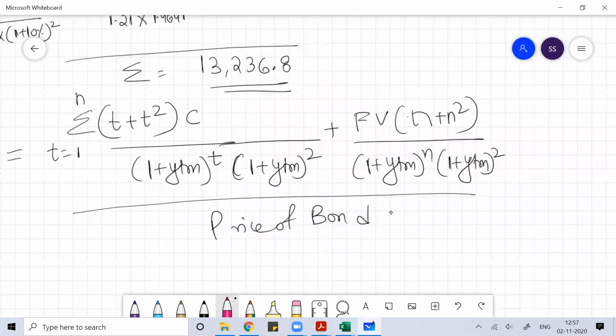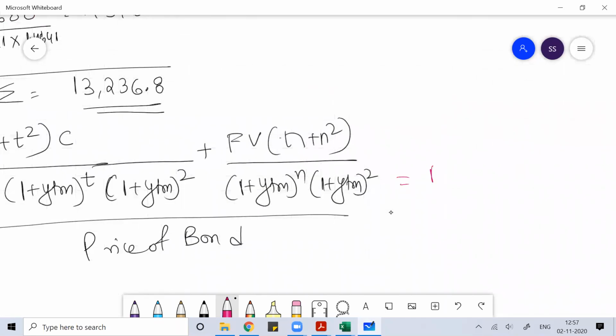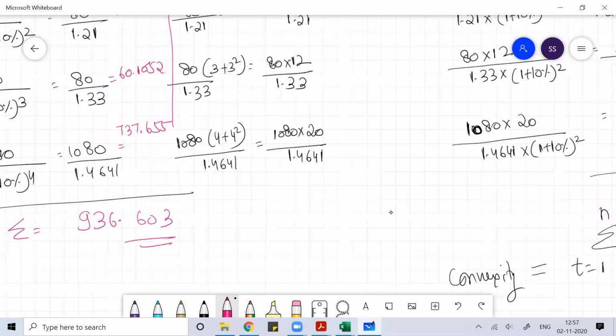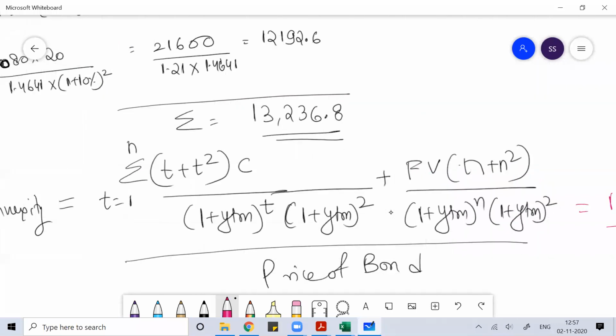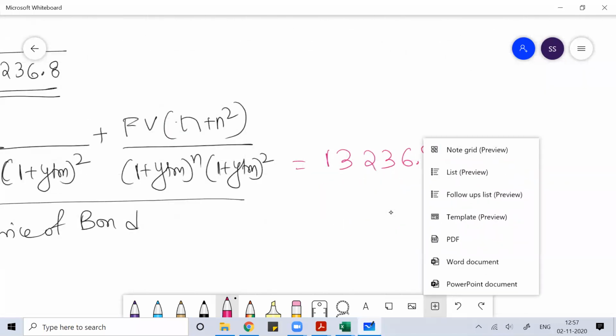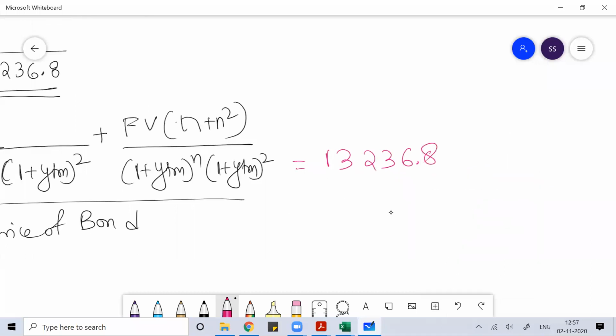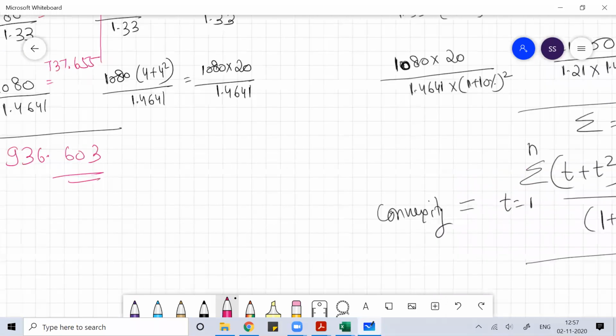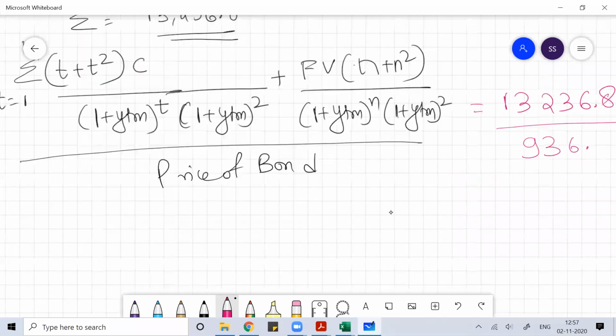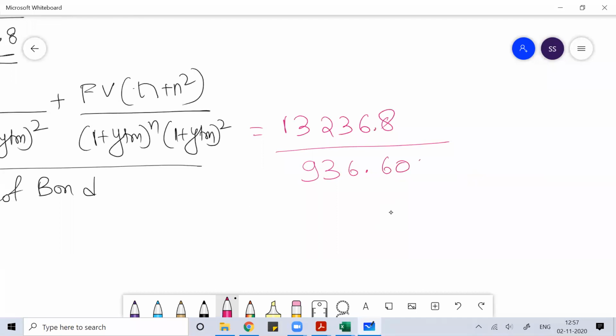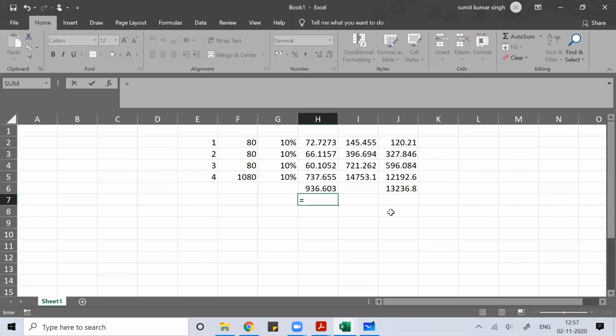So the convexity of this bond would be 13,236.8 divided by the price of the bond, which is 936.603. If you divide this, you'll get the convexity.